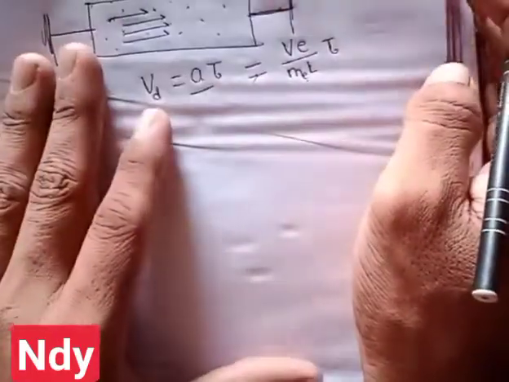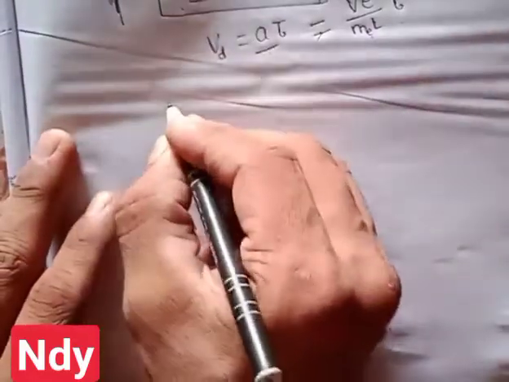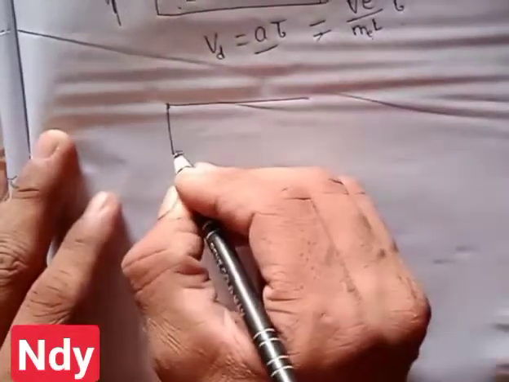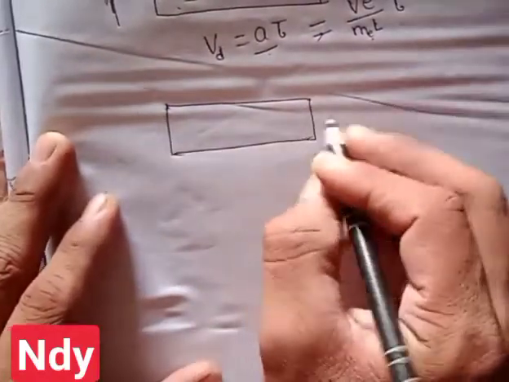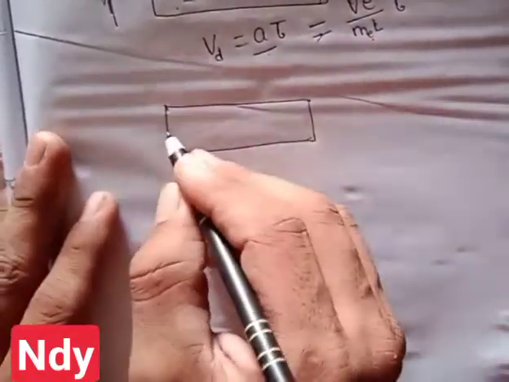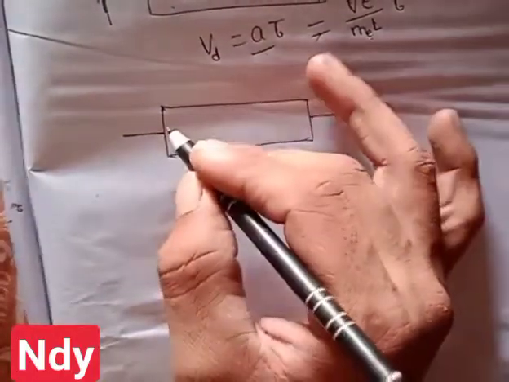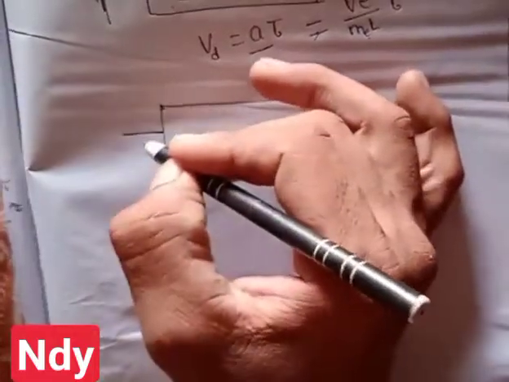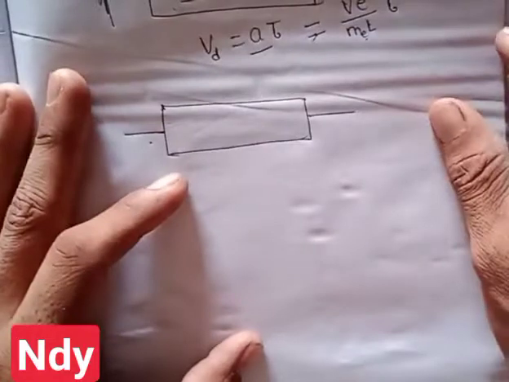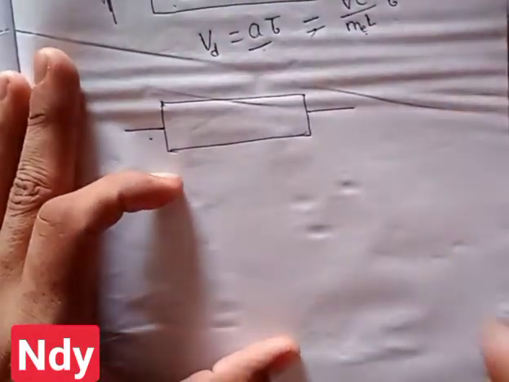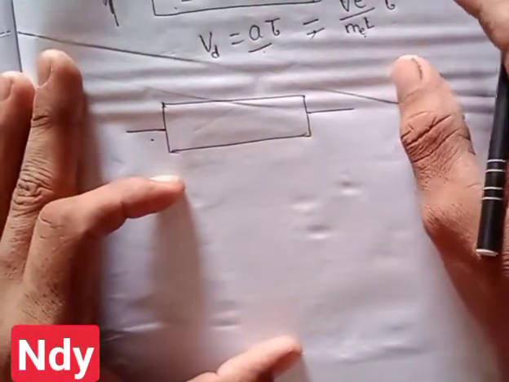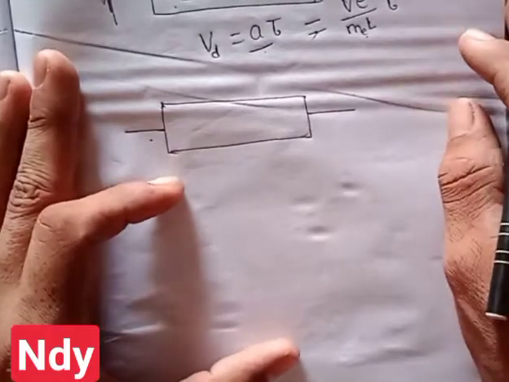Now let us take one more. Let this be a wire, a conductor, and we put a potential difference across it. Due to this potential difference there will be an electric field. Due to the electric field the electrons will feel a force and they will move in the direction opposite to that of the electric field.